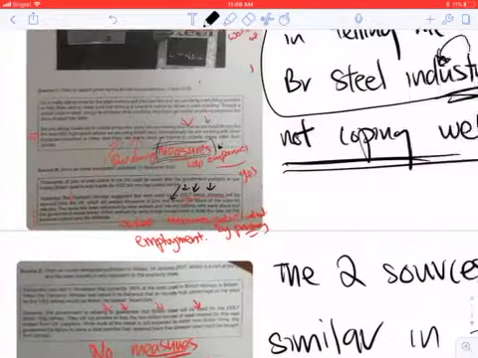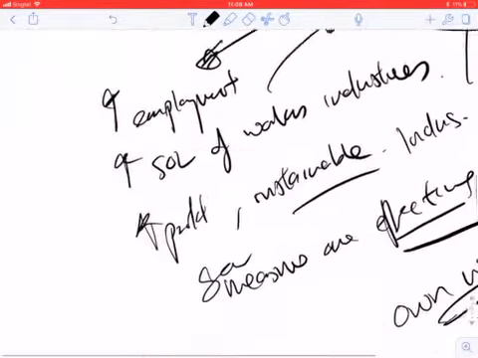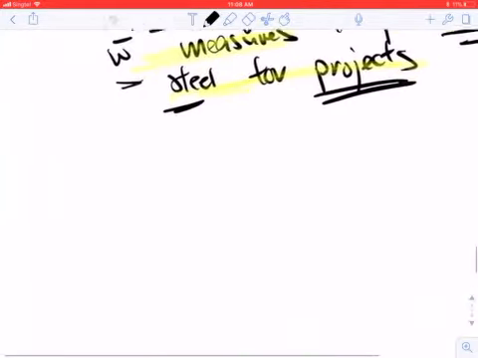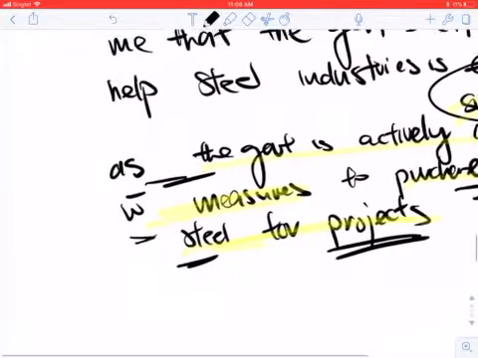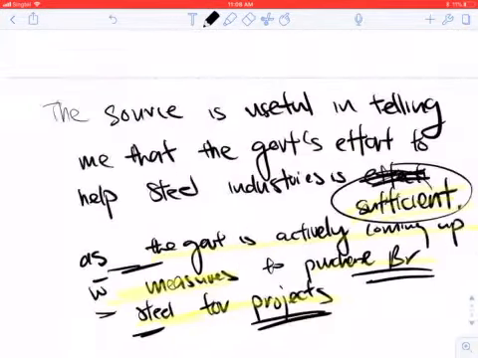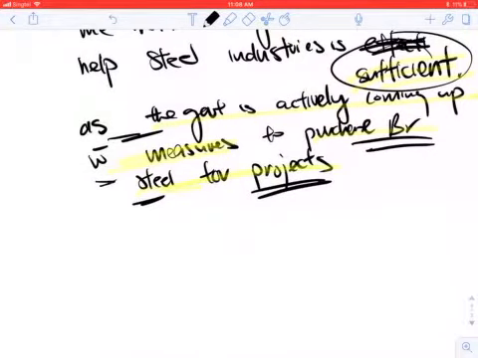So when you give the cross-reference in your first line, because this is a useful question, you say source C is useful.